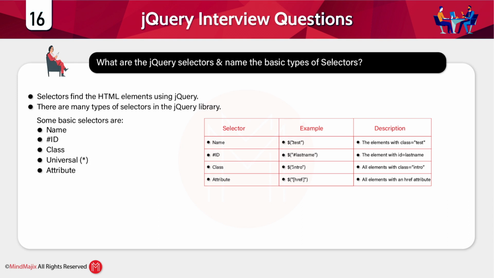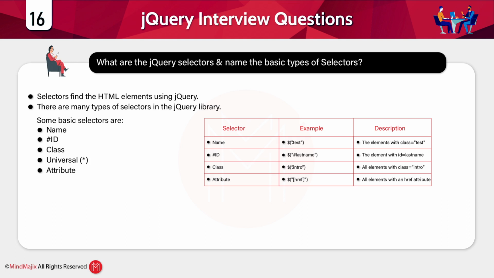You can select by using hash and the id given to the particular HTML element. Using the class with dot, universal for all the elements using asterisk, and using the data attributes.